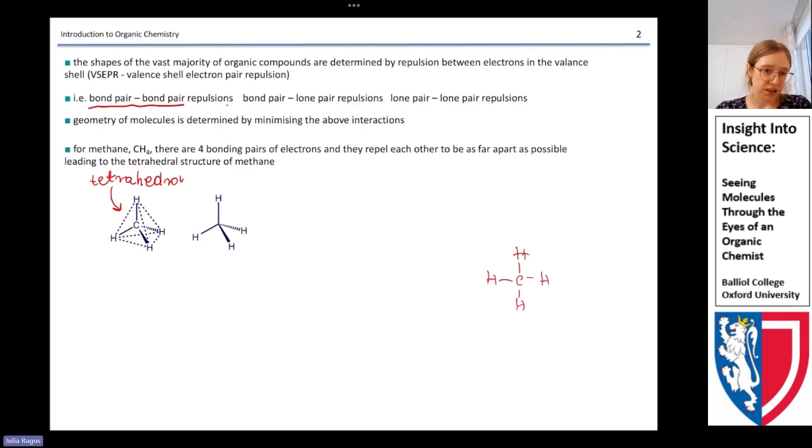The important thing about this structure is the angle between two bonds, which is 109.5 degrees, and we call it the tetrahedral angle.